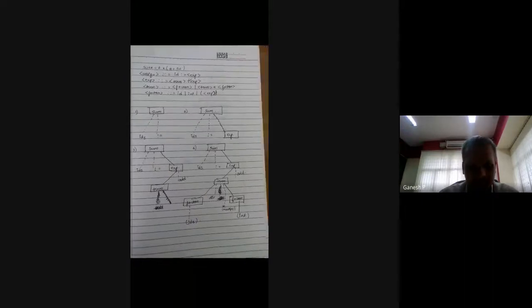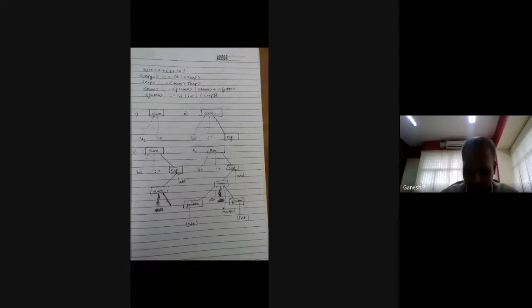Okay. So what is the final tree? Sir, factor, it is a non-terminal, like divide and multiply, both are there. Term into factor. So divide and multiply a non-terminal factor.